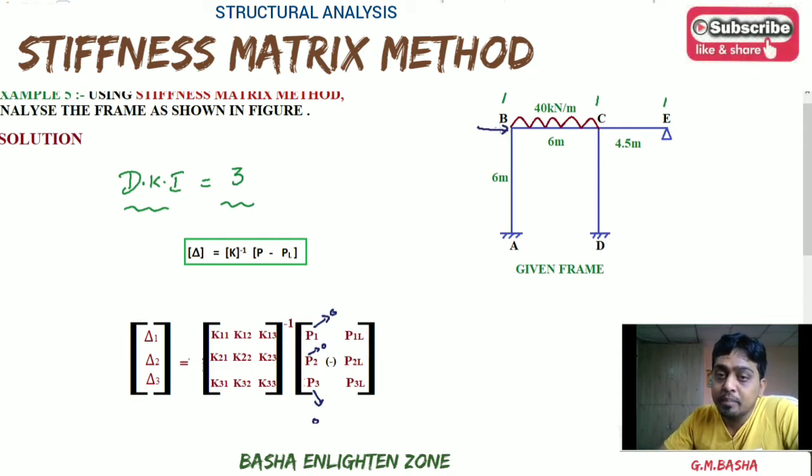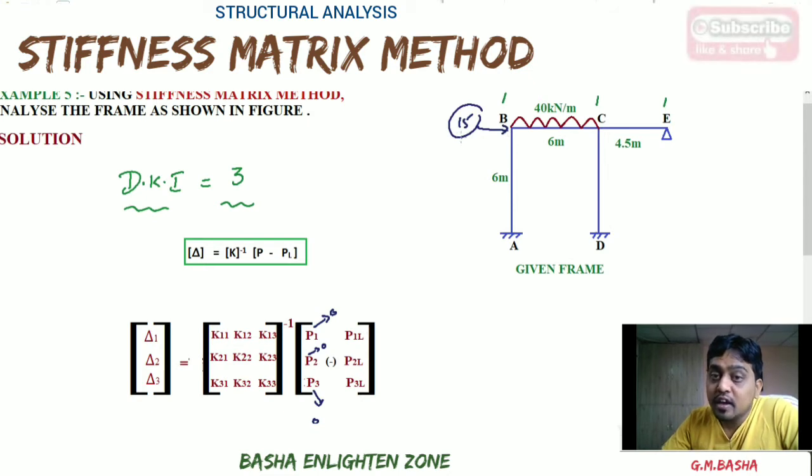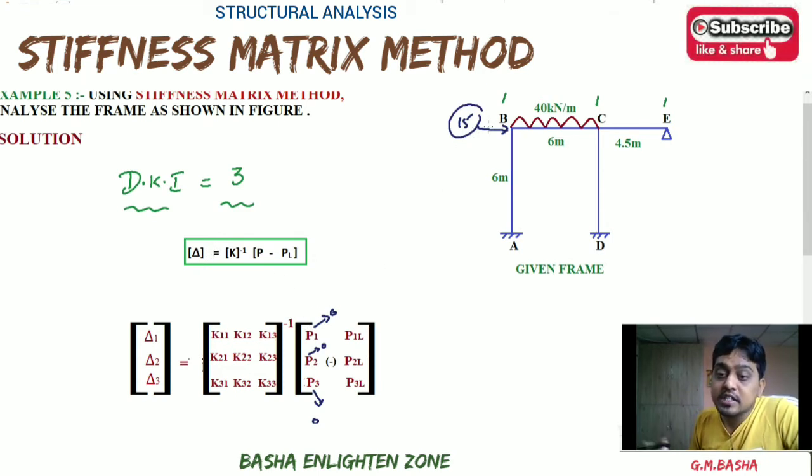Here, at B, some sway force of say 15 kilonewton is acting, and we are selecting the first coordinate position at B. So there you will get one external force at that position, that is, in place of P1 you will get 15 kilonewton as the external force.